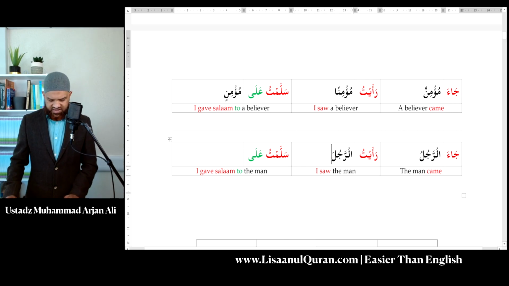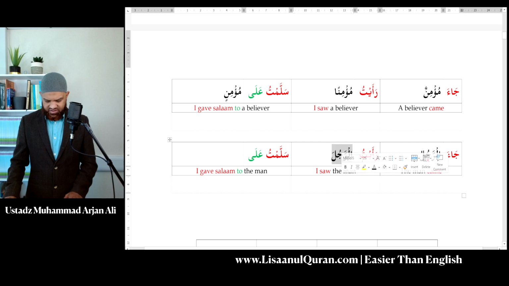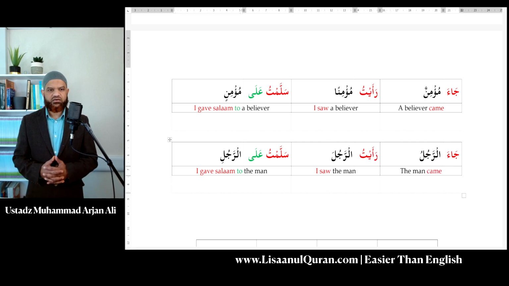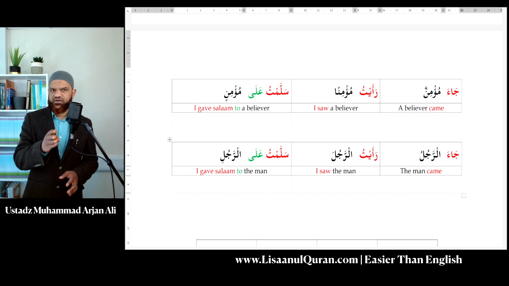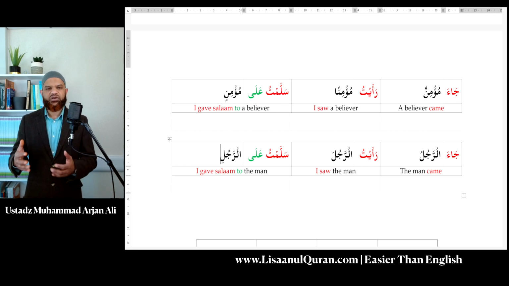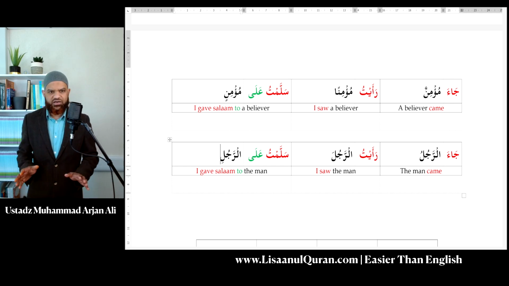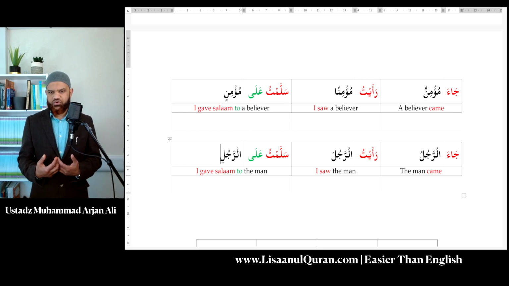I gave salam to the man will be, again, I'll copy the word just to save time, inshallah. Same principle, and it will be al-rajuli, because it is definite. Now we got the full practice here of the 3 different Iraab, Rafa, Nasab, and Jar, and also by indefinite example and a definite example. That is the culmination of what we have done so far. I hope and pray, inshallah ta'ala, that you are able to recall all of this.